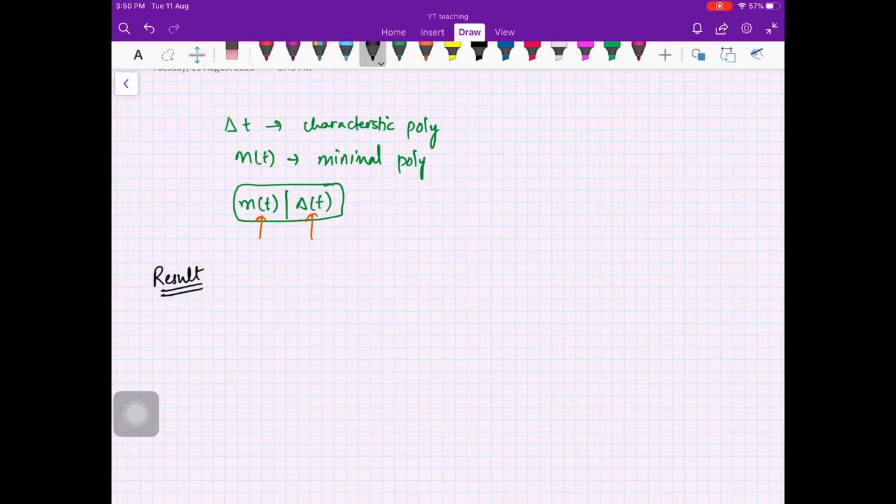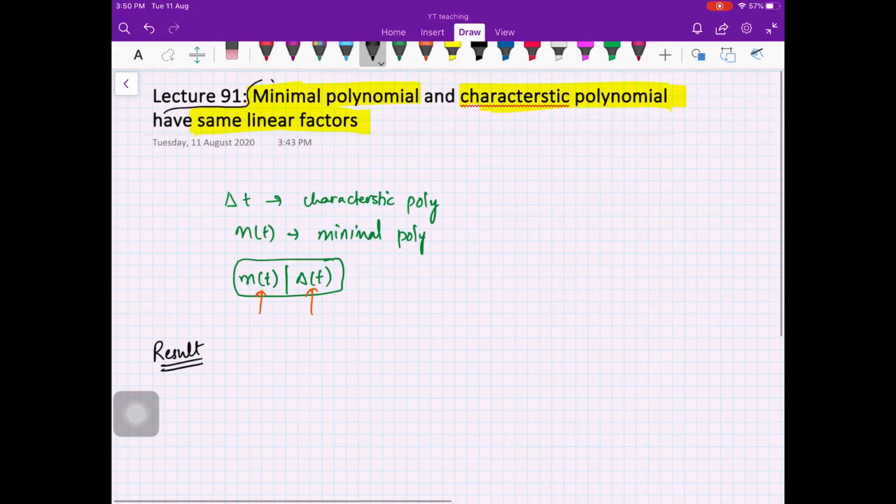This is the result which we are going to prove first, then we'll go to the result written here.